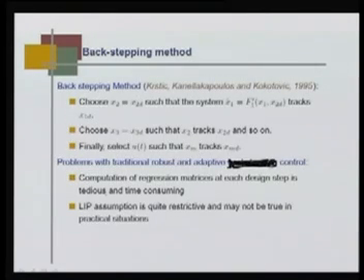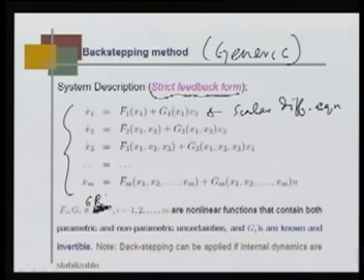The general idea in backstepping control is that, given this system, I can find x2 as a virtual control action. I choose x2 equal to x2d such that this system is stable, which we already showed using the Lyapunov function approach.